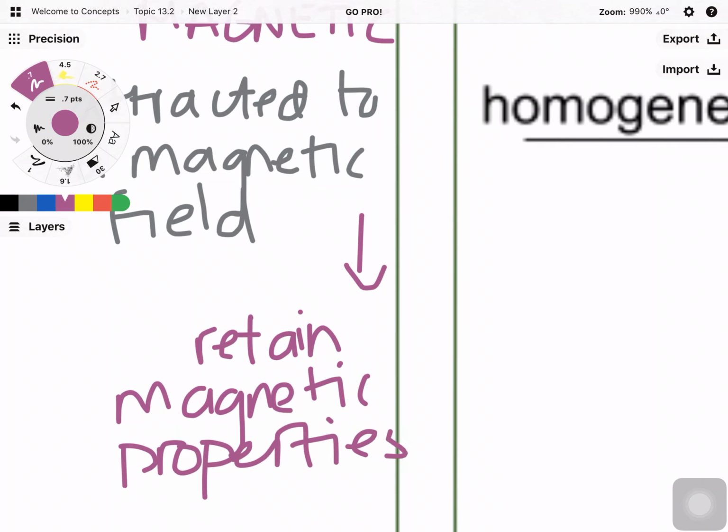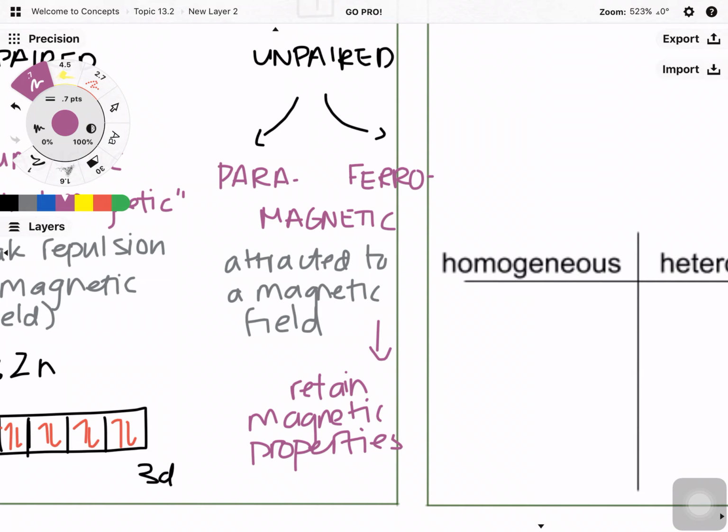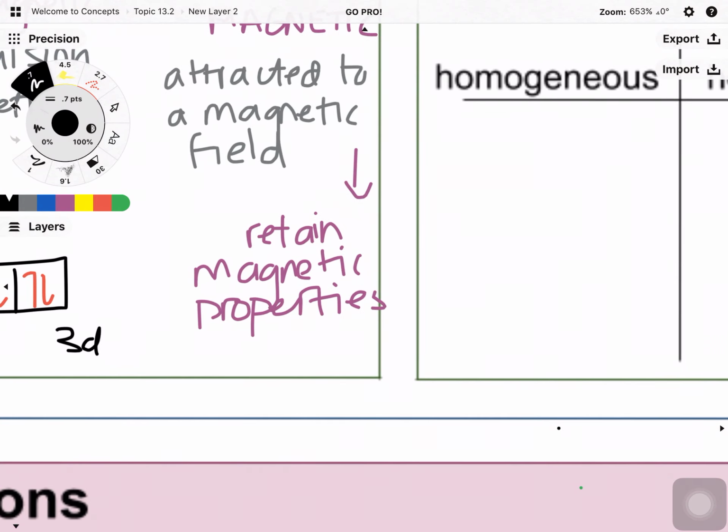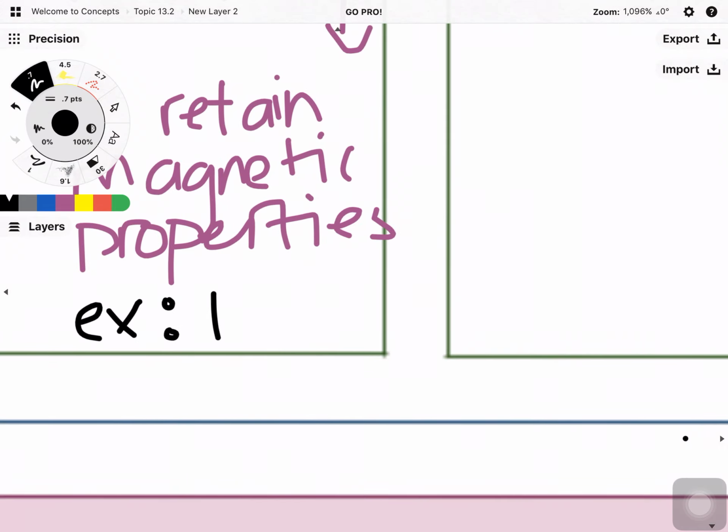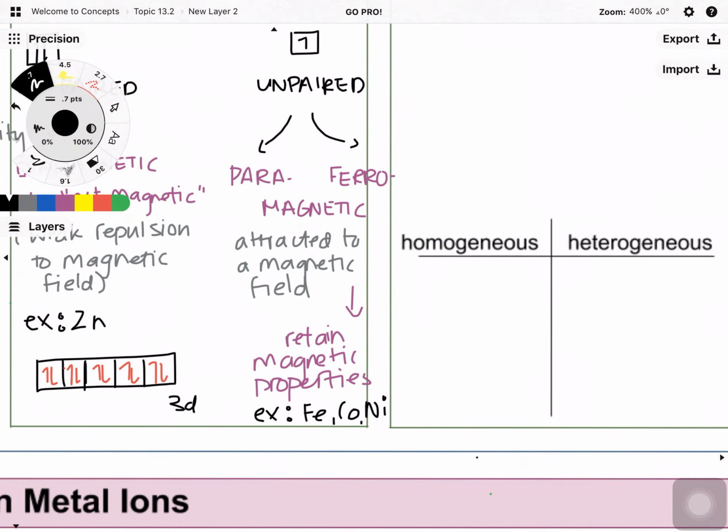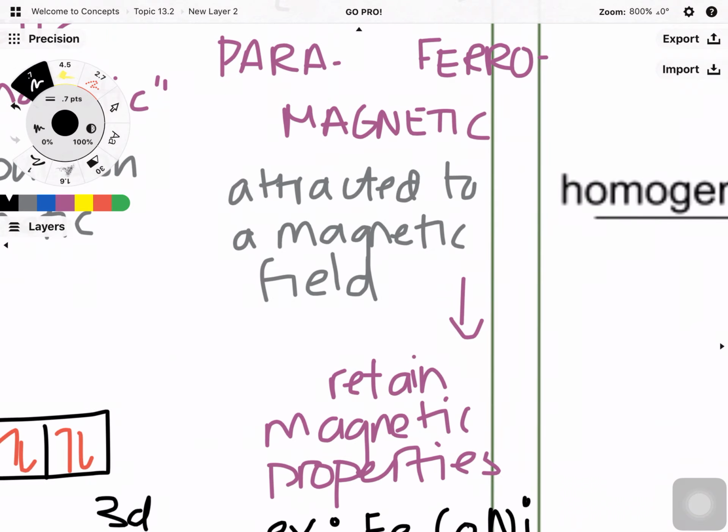Whereas paramagnetic substances lose any magnetic properties as soon as they're no longer exposed to a magnetic field. Now, the three examples of ferromagnetic substances that you need to know for IB chemistry are iron, cobalt, and nickel. Everything else that has unpaired electrons is considered paramagnetic, and some examples of these might be titanium, for example.